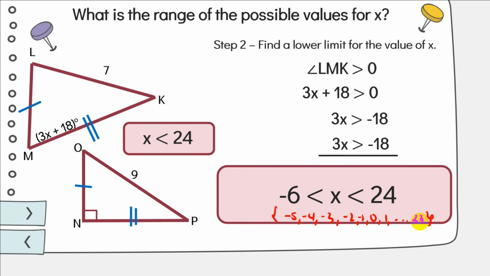Kasi hindi na pwedeng isama ang 24 dahil magiging greater than na. Or hindi na niya masasatisfy yung ating converse of the Hinge theorem that the shorter the side, the smaller the angle, and the longer the side, the larger the angle. Okay? So, this is our last and final example.